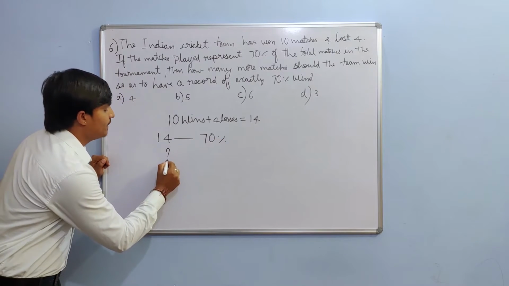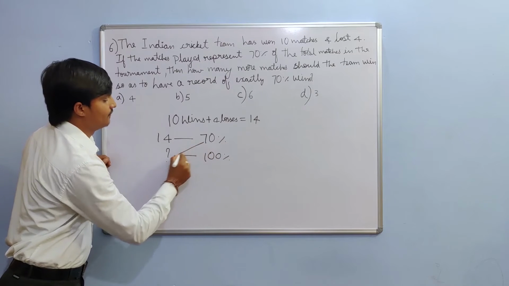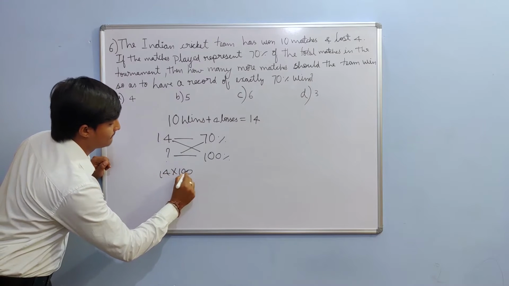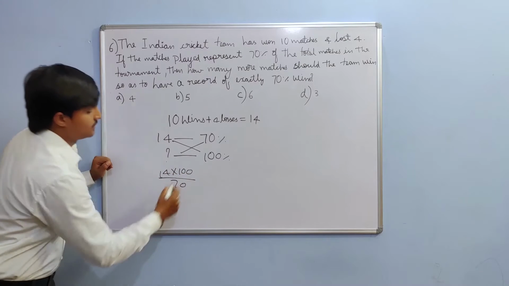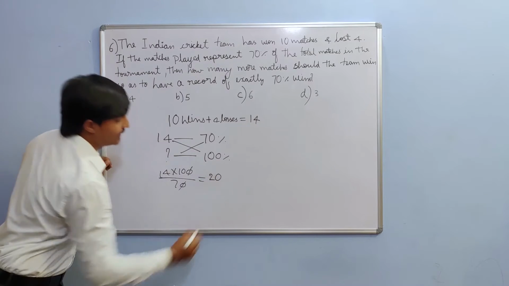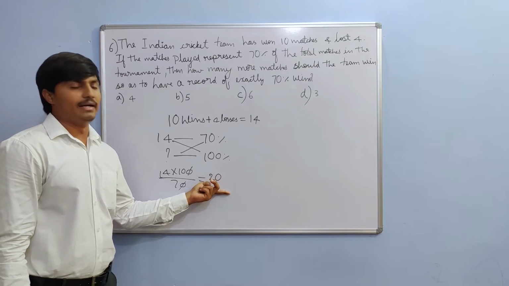So how many matches represents 100%? If we cross multiply, you will get the answer as 20. This is the total number of matches in the tournament.